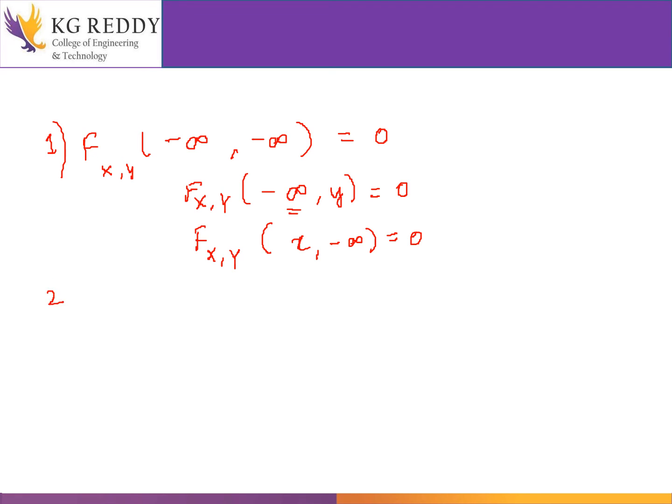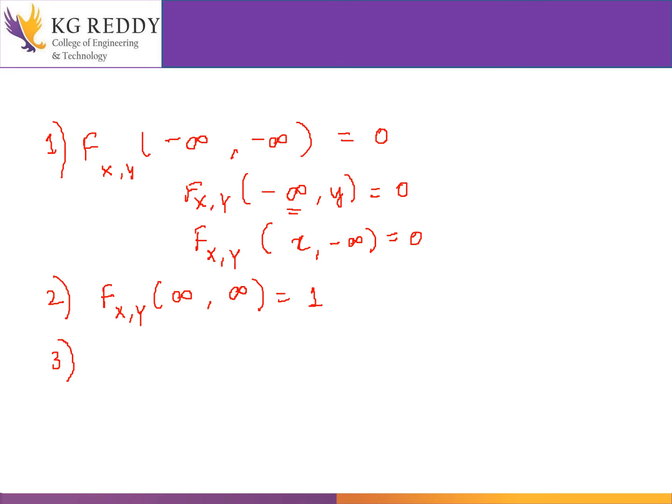And the second property: if we take both x and y up to infinity, we will get 1. As we had in the distribution function property, F_X(infinity) is equal to 1, in the same way F_X,Y(infinity, infinity) is equal to 1, because the total distribution function will always be equal to 1.